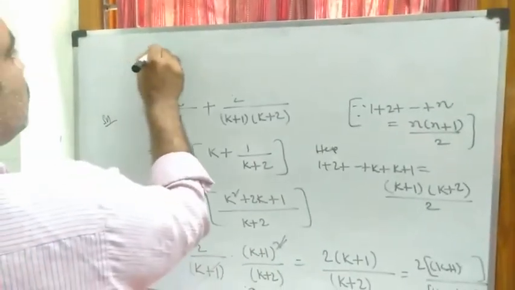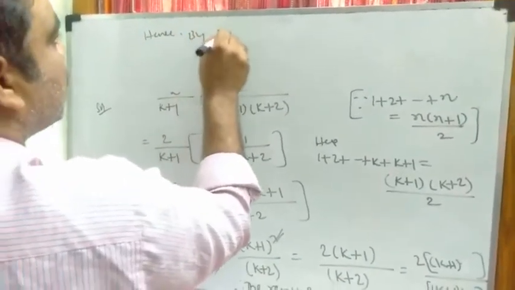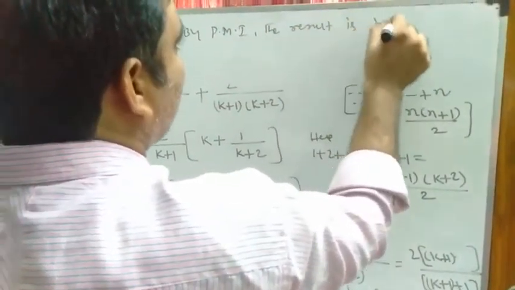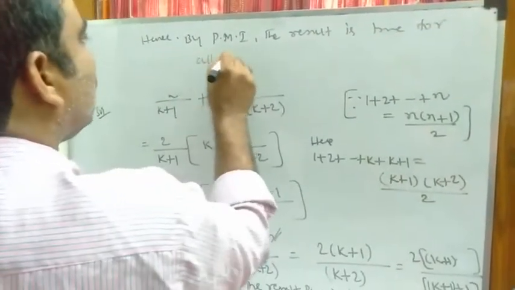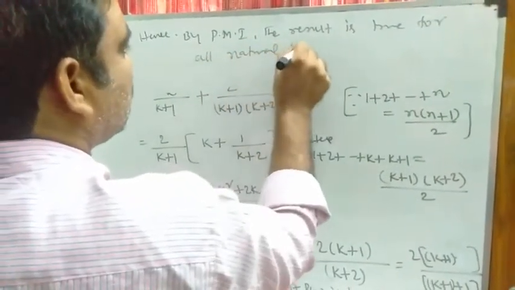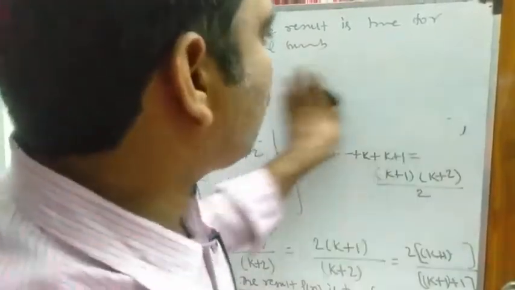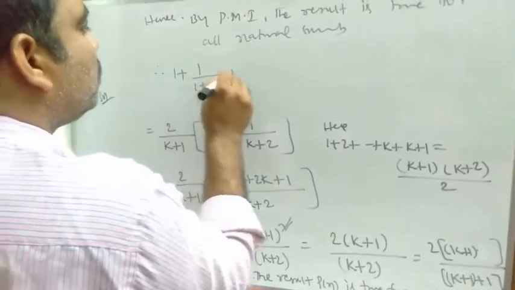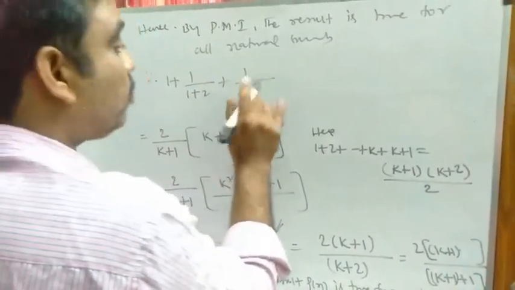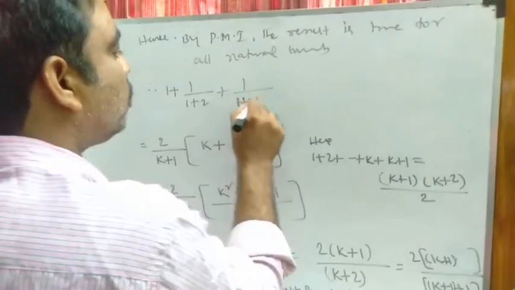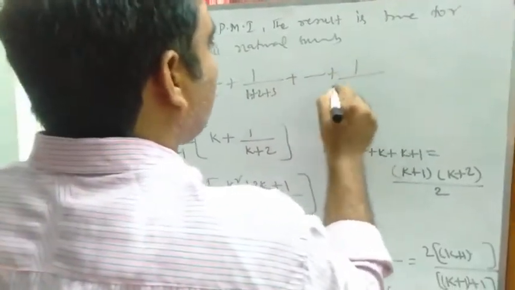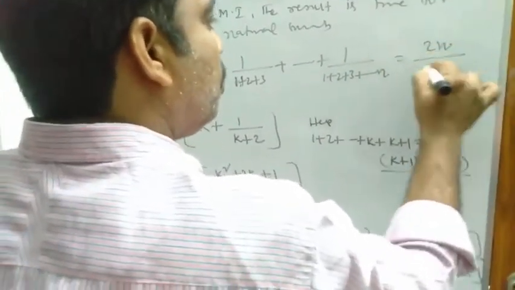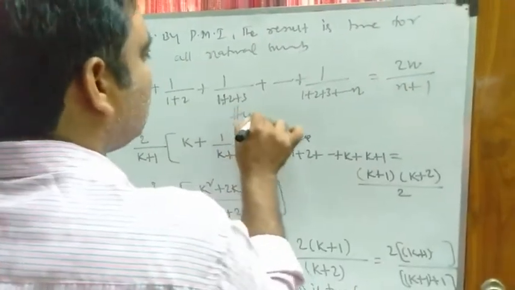Hence, by principle of mathematical induction, the result is true for all natural numbers. So what is the conclusion? Therefore 1 plus 1 by 1 plus 2 plus 1 by 1 plus 2 plus 3 plus so on, plus 1 by 1 plus 2 plus 3 plus so on, plus n is equal to 2n by n plus 1. Hence the proof.